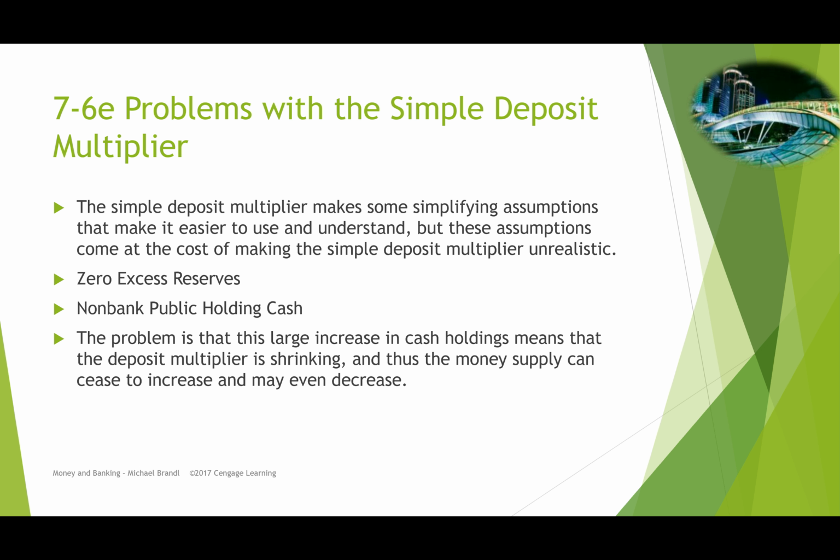So a large amount of cash holdings means that the deposit multiplier is going to fall, of course, because when we look at this cascading, the bank lends out money, and all of that money doesn't come back into the banking system. The more that's hoarded, the less is multiplied up. Therefore, the less the money supply will increase by.